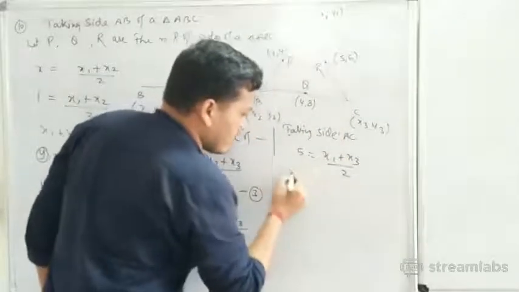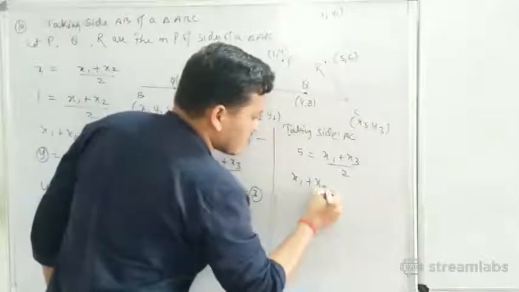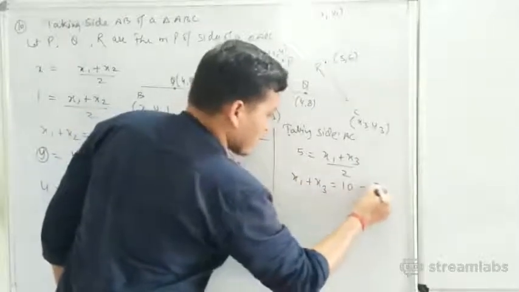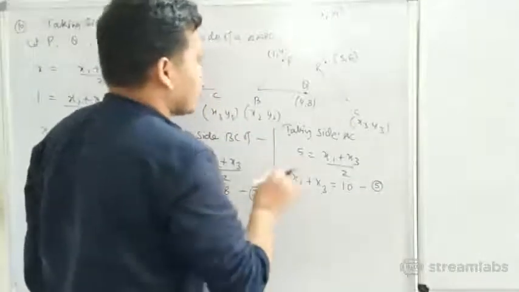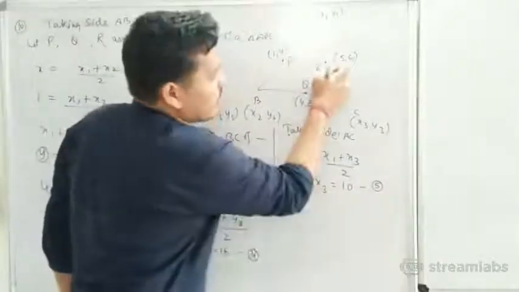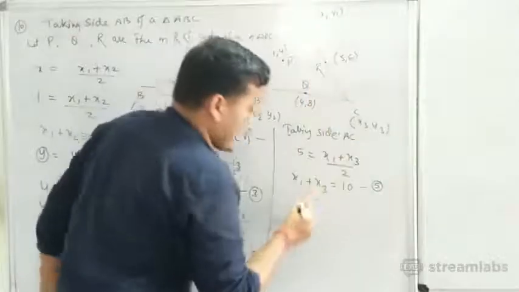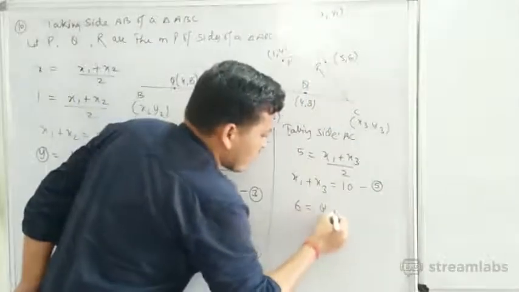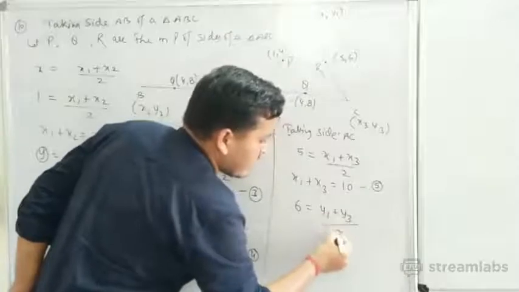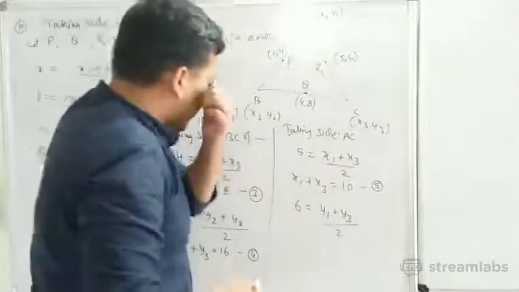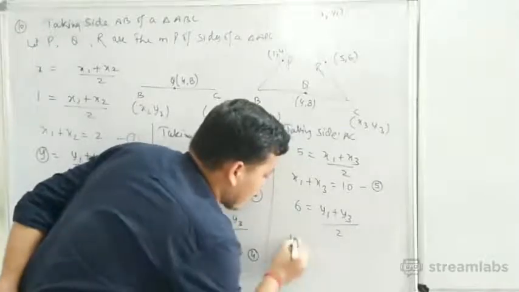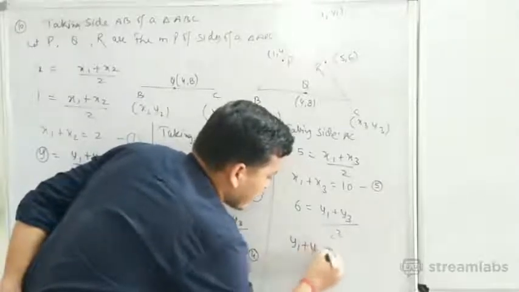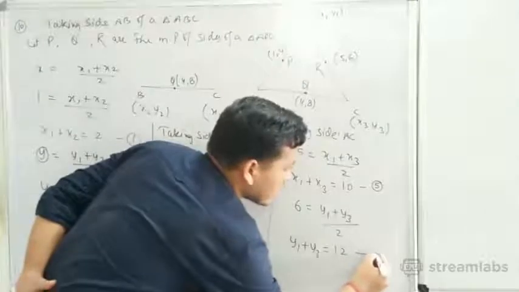Cross multiply, 5 times 2 is 10, so x1 plus x3 is equal to 10. Equation number five. Next, y is equal to 6, so 6 is equal to y1 plus y3 divided by 2. So 12 is equal to y1 plus y3, that is, y1 plus y3 is equal to 12.